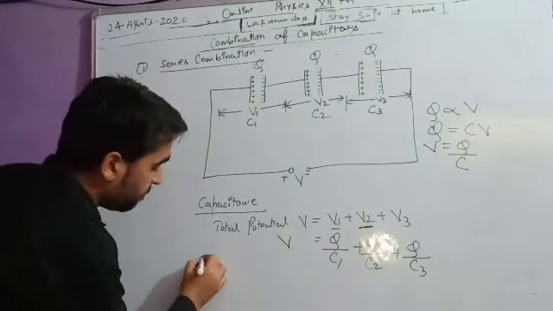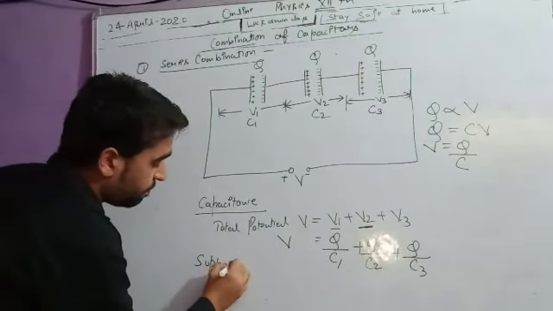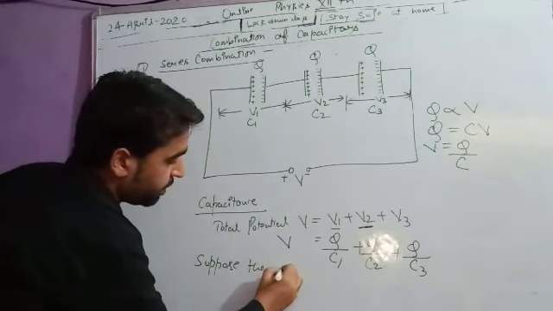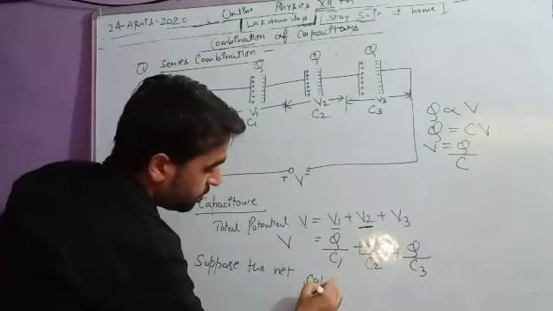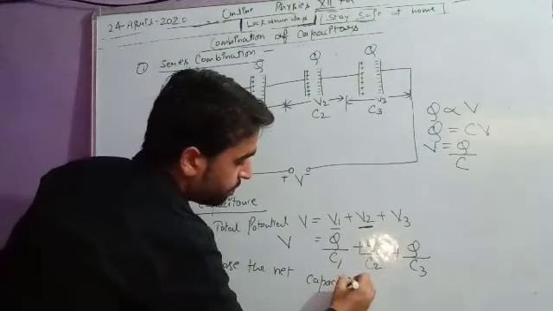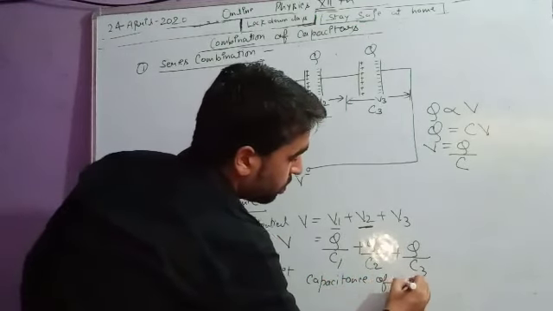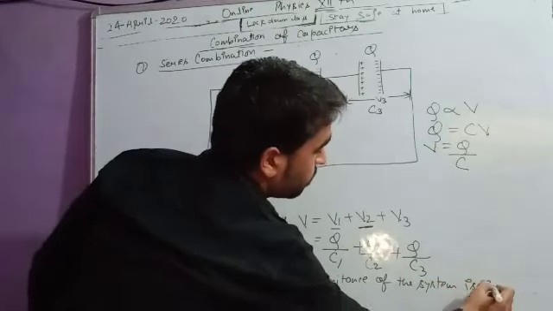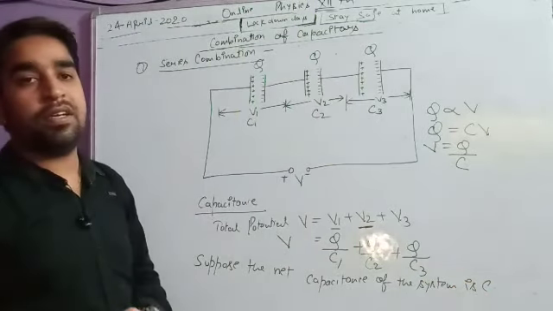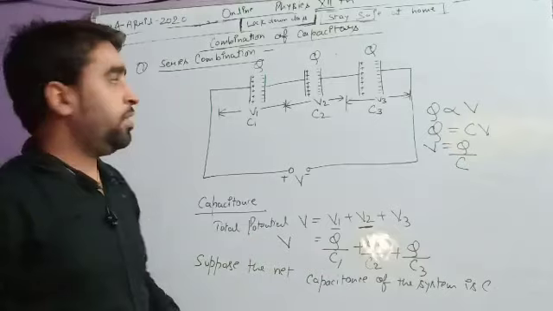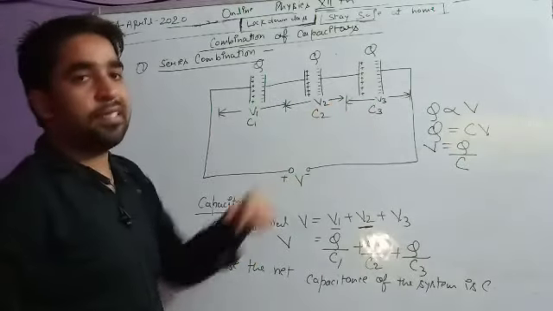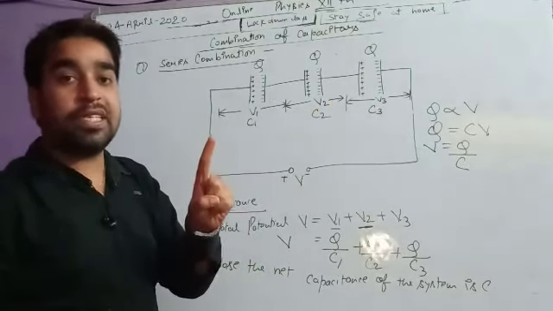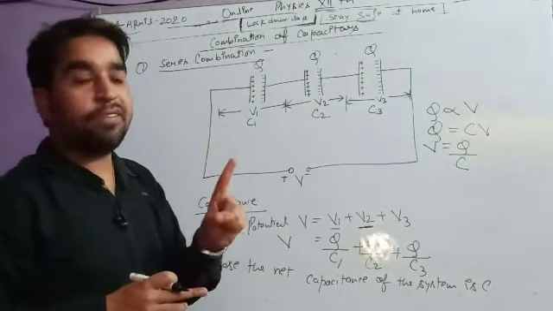Suppose the net capacitance of the system is C. We are assuming a net capacitance of the whole system, because we want to replace these capacitors by a single one that works equivalently to these three.